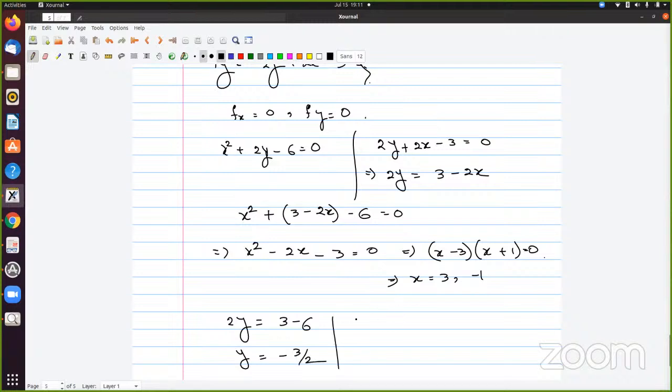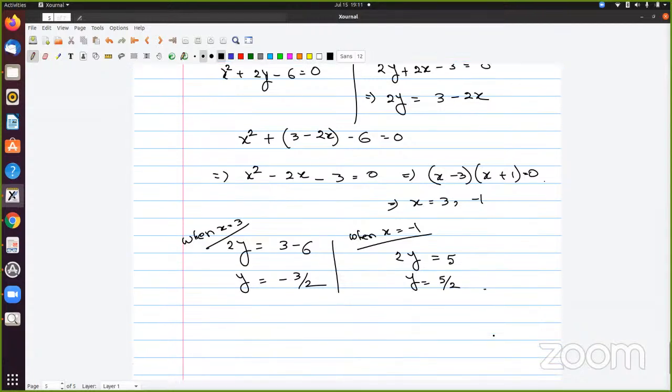So when x equal to 3, y is equal to minus 3 by 2. When x equal to minus 1, 2y is 3 plus 2, so y is 5 by 2, correct?